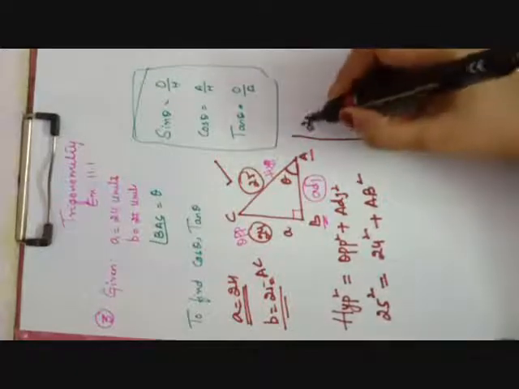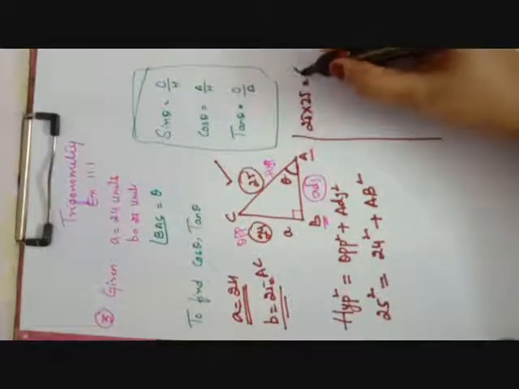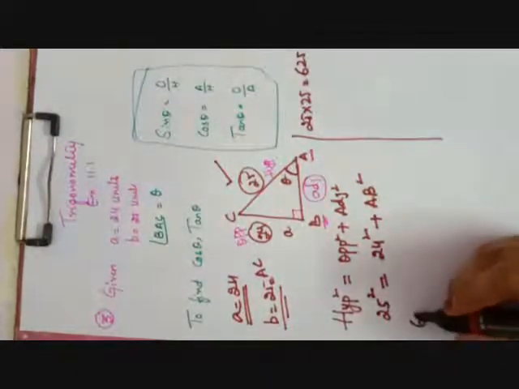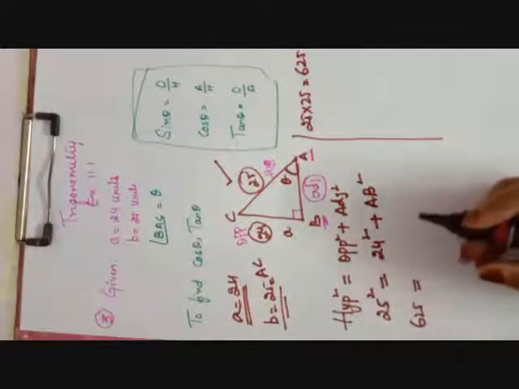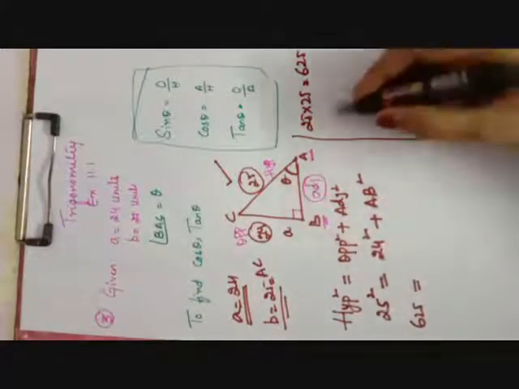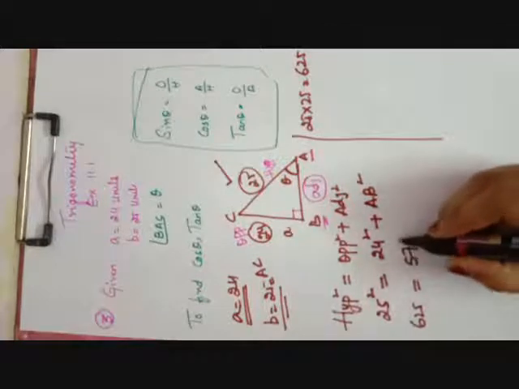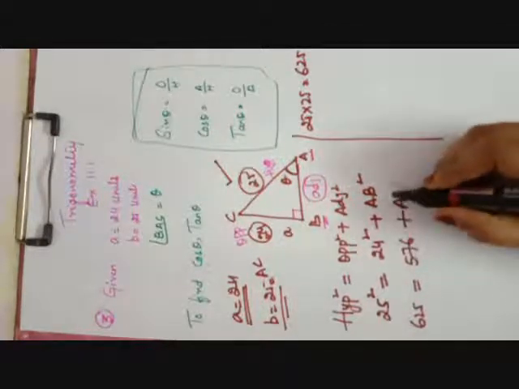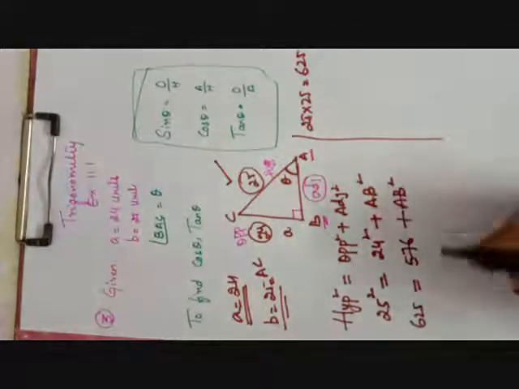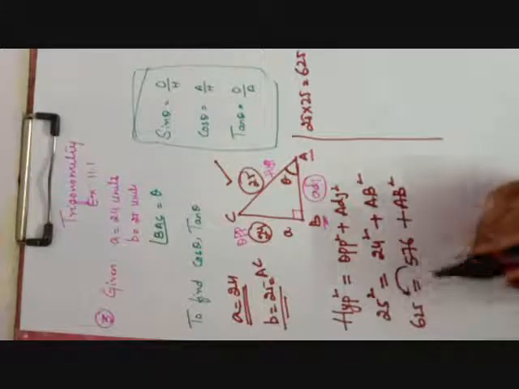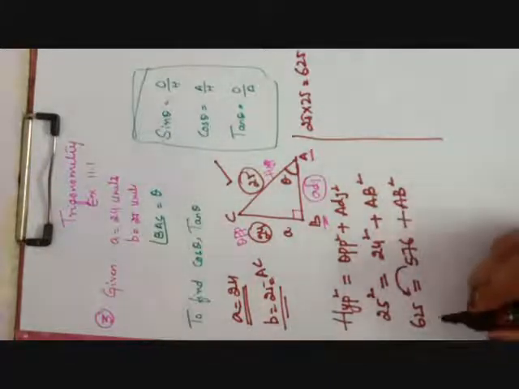I think you know 25 into 25 is 625. So 625 is equal to 24 into 24, which is 576, plus AB square. Transposing, when plus goes to the other side of the equals sign, it becomes minus.